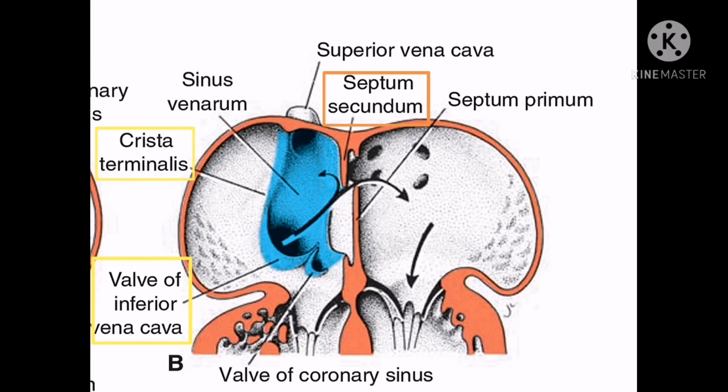And finally, you can see that the right sinoatrial valve has two parts. Its cranial part forms the crista terminalis, and its caudal part forms the valves of the inferior vena cava and the coronary sinus. And the left sinoatrial valve fuses with the septum secundum and gets incorporated into the interatrial septum.